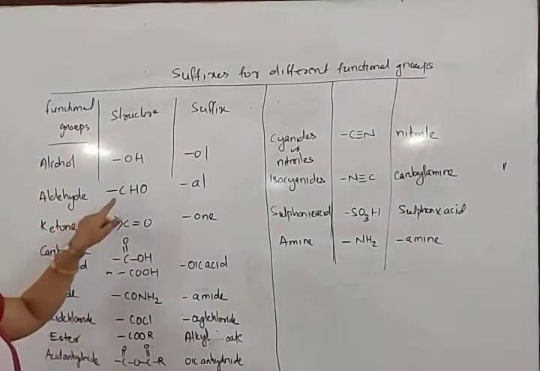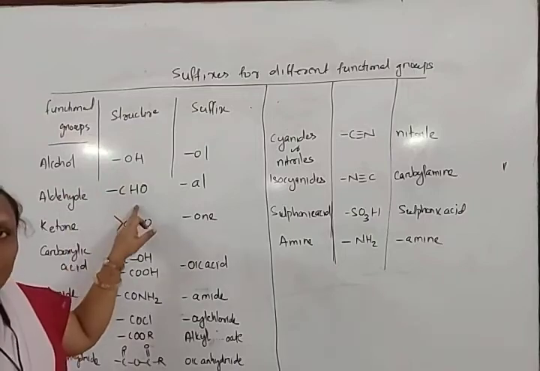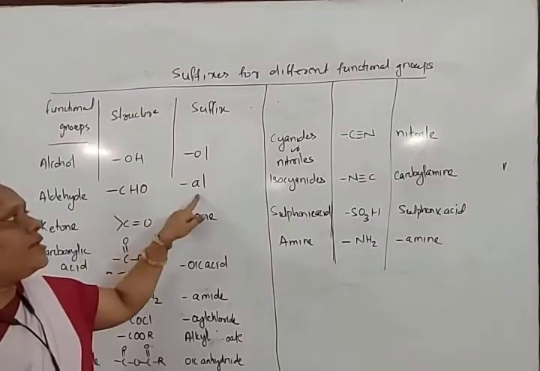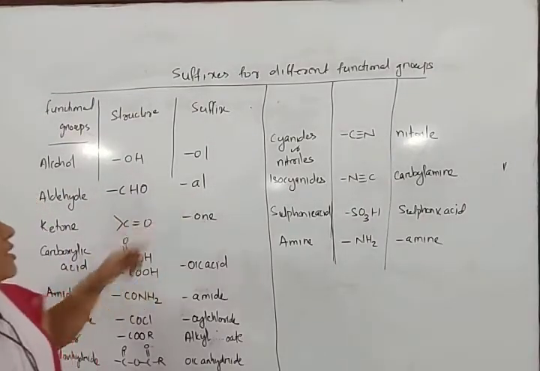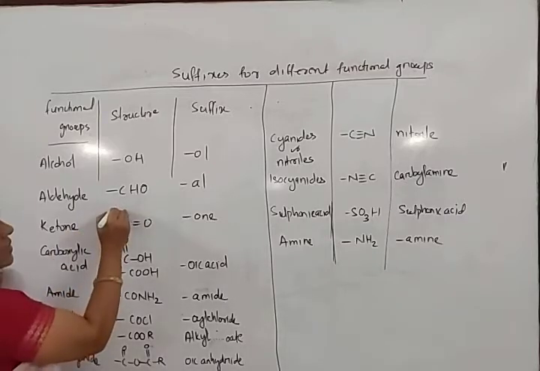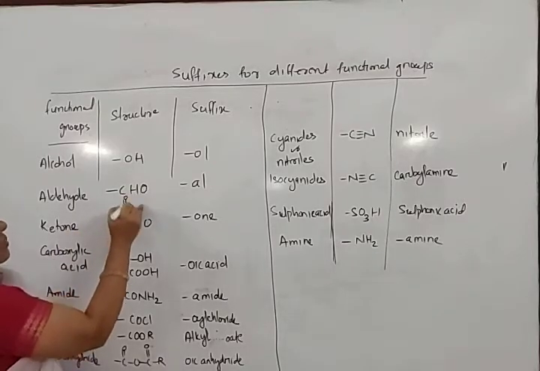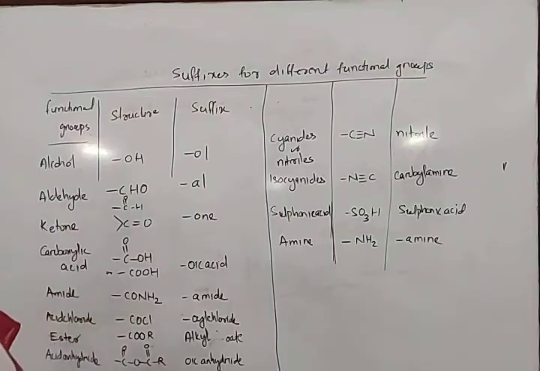For an aldehyde, the structure of the functional group is CHO and the suffix is al. This CHO can be written like this, or it can also be represented as C double bond O with H.